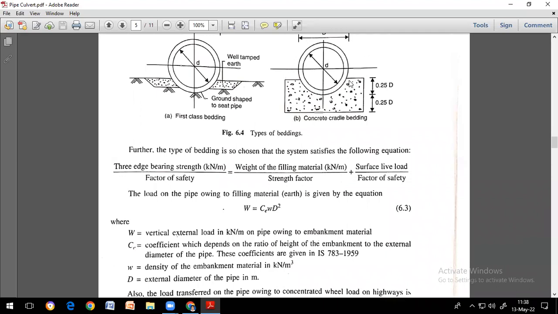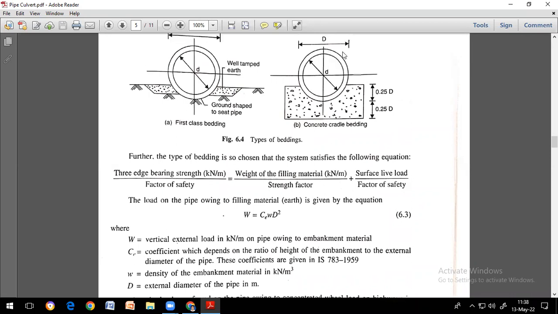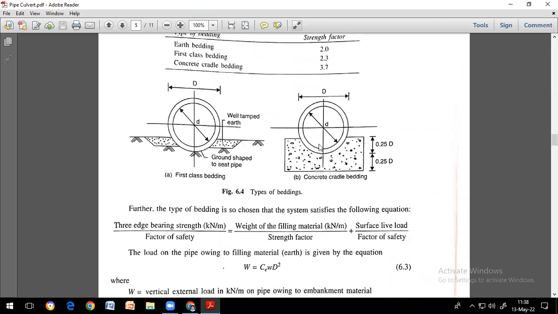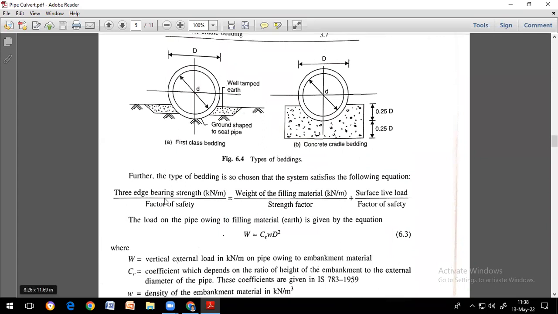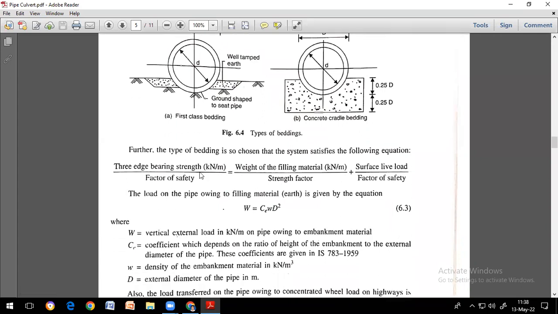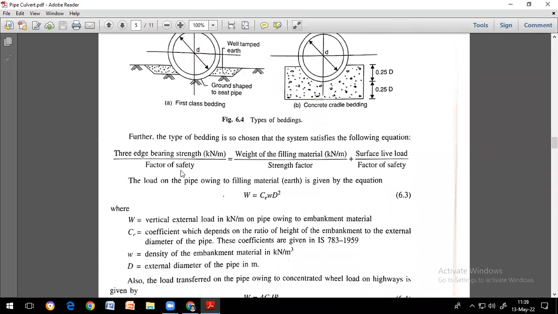And the second thing is the surface live load. On top of the pipe culvert there will be vehicular movement, so that vehicular live load is also to be considered, right? That's how your 3-edge bearing strength is calculated, with the factor of safety.